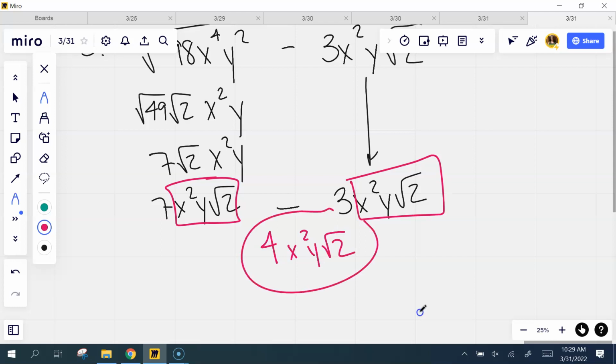Don't get rid of it. It's still a variable, and remember the definition of like terms are same variables, same bases, and they can have multiple variables in there. That's okay, as long as they look exactly the same. What do you think? Not too bad?